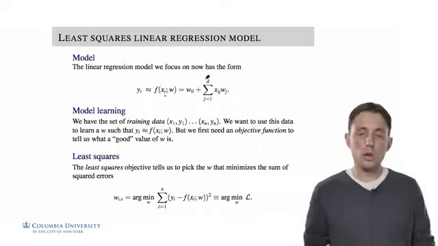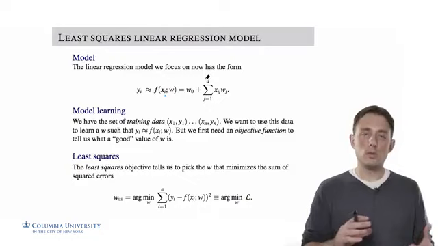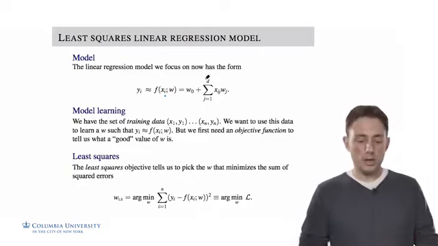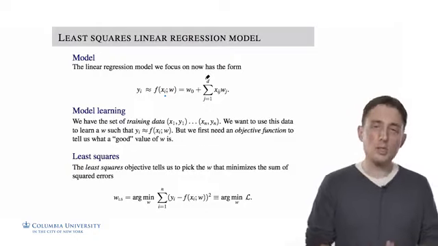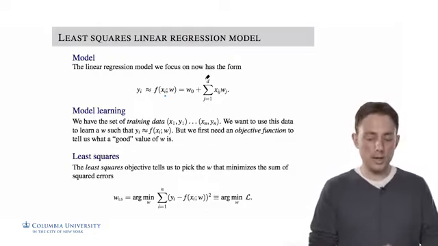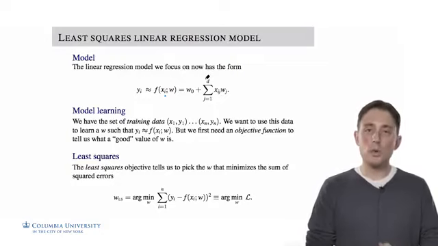So in order to know what a good value for the vector w is, we need to define an objective function. What this does is it basically tells us what are good values for the vector w and what are bad values. So for least squares, the objective function is the most straightforward one you could think of. It's the sum of the squared errors.